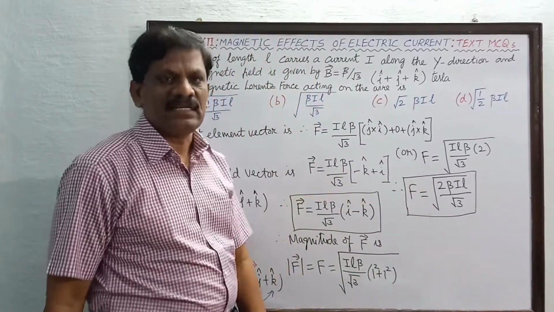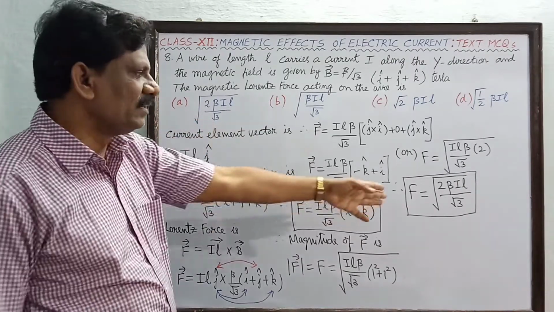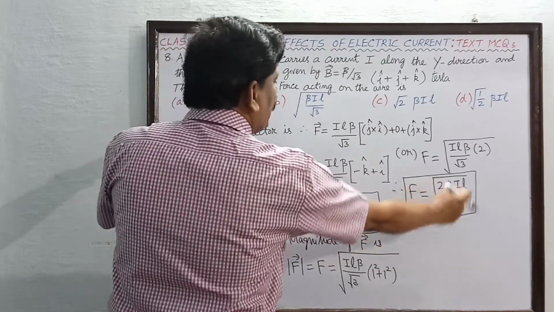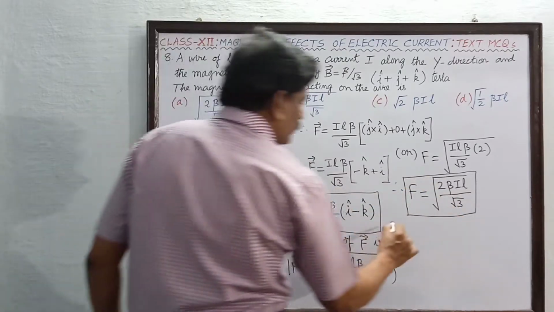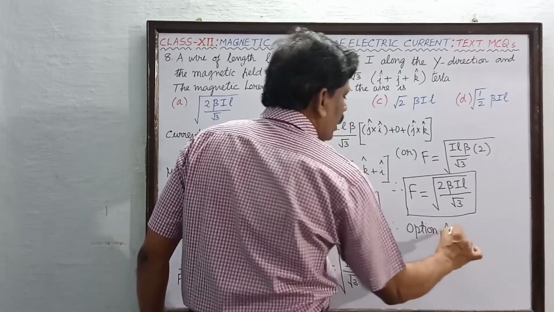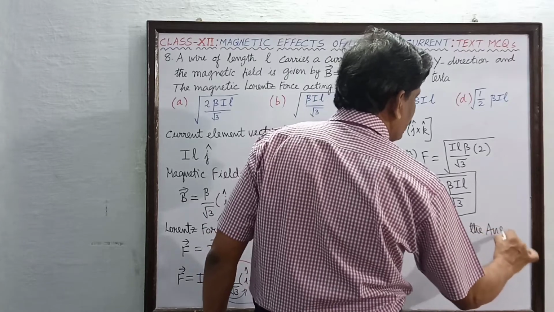This is our answer. Which option is it? You see, option A is the correct answer: square root of 2 beta IL divided by root 3.